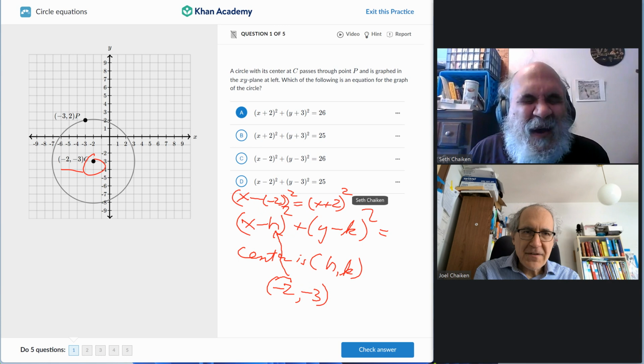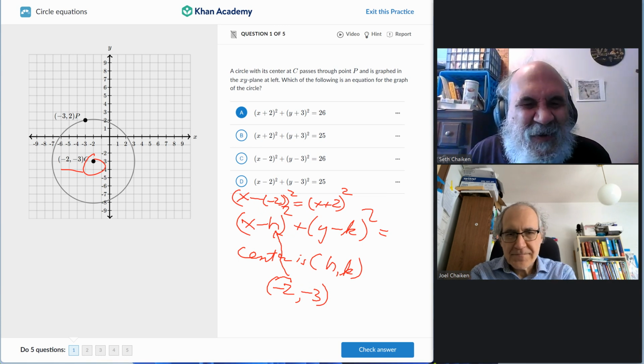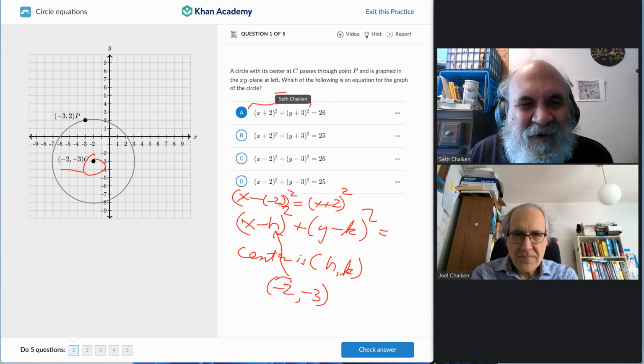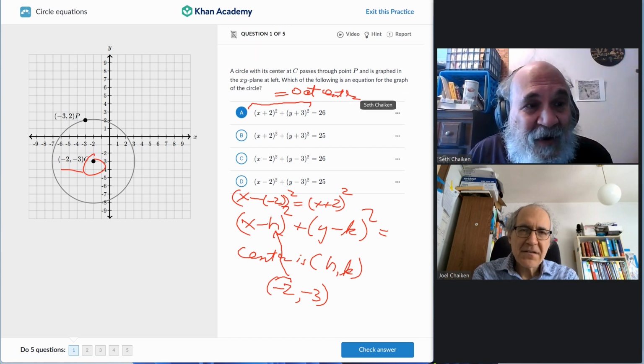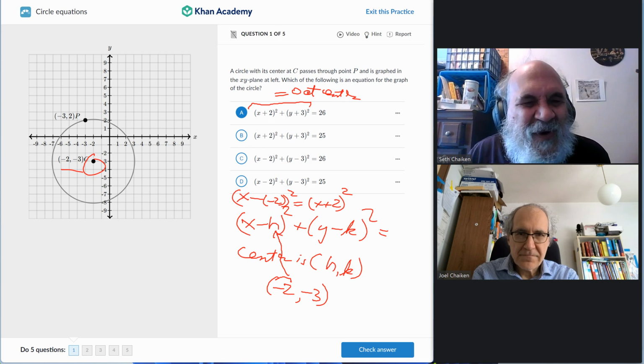Now, the way I check this is that I know that at the center of the circle, the left-hand side is 0. So I said, okay, X plus 2 is the expression for which when X is -2, you get a 0.